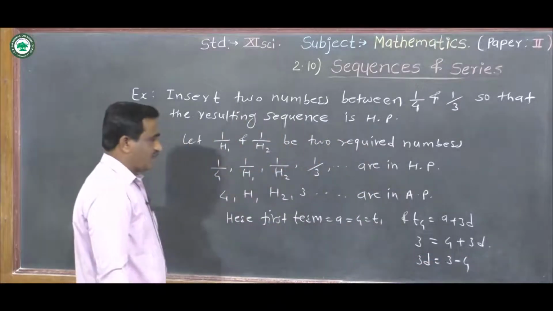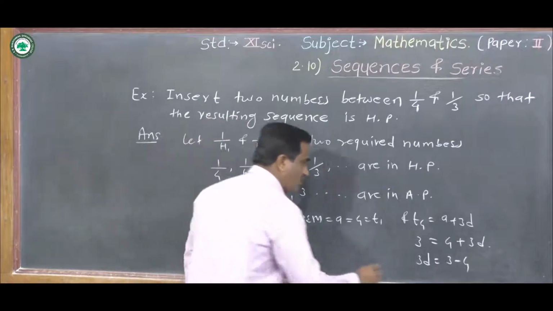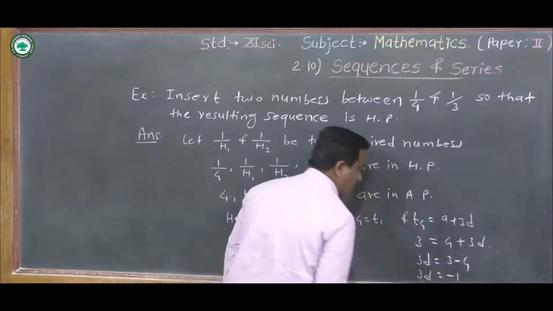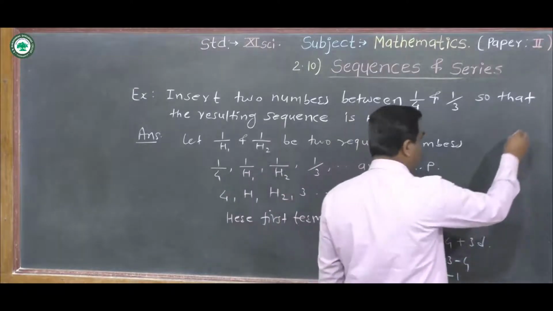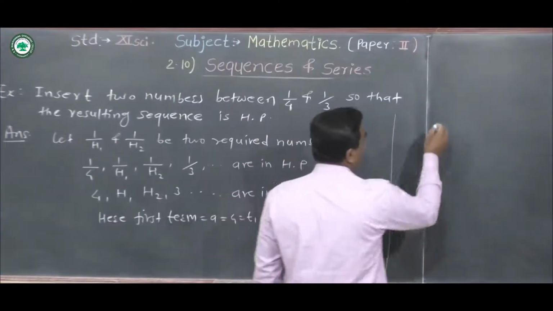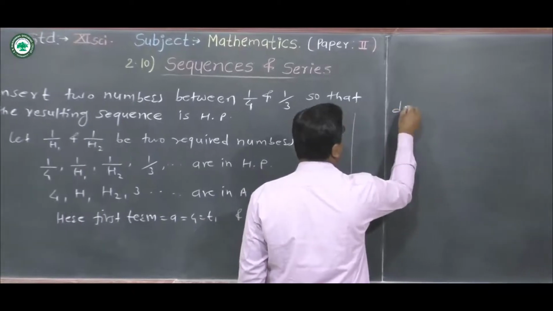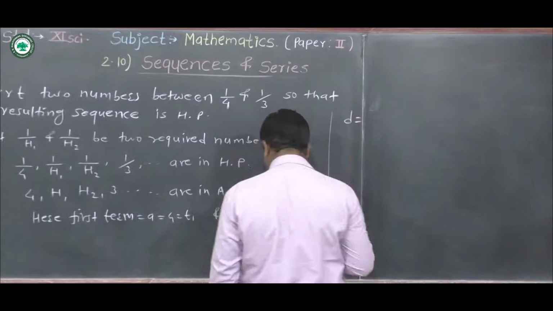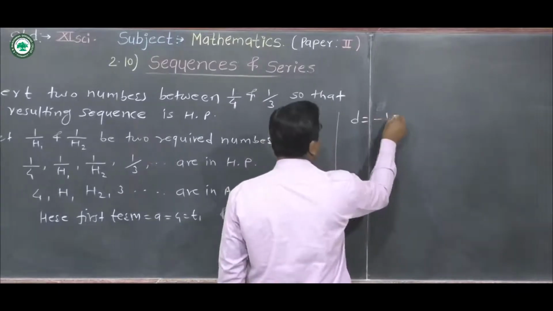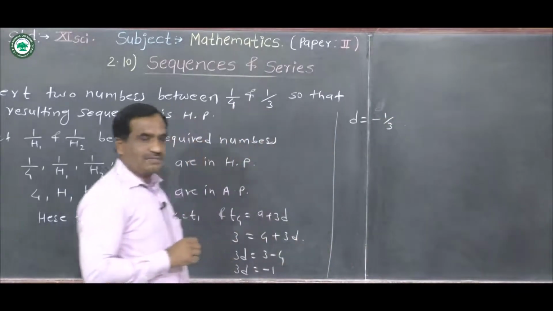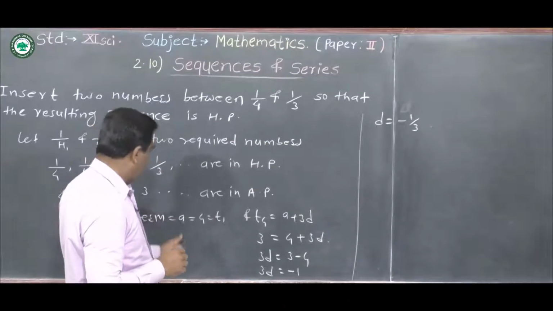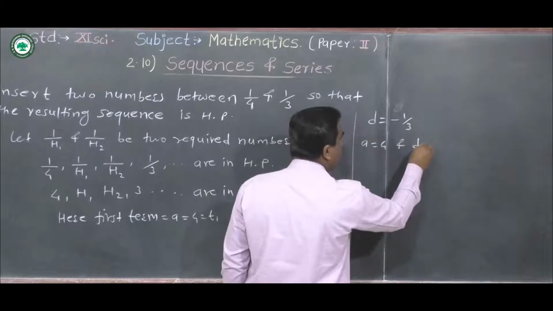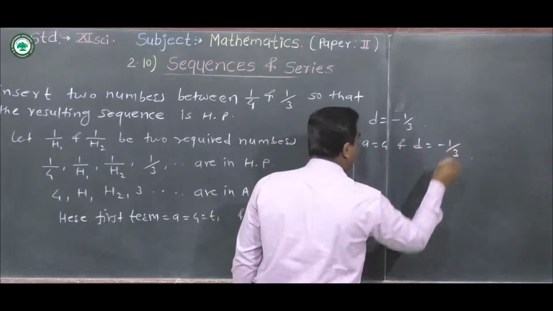That is, 3D equal to minus 1, and we get D is equal to minus 1 by 3. This is the common difference. Okay. A is equal to 4 and D is equal to minus 1 by 3.